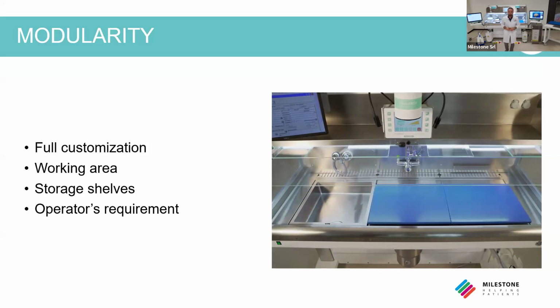Last but not least, we have an extended cutting board. Why? Because, for example, big specimens require a lot of space, so there's the need for a big cutting board. In that case, we have two cutting boards, positioned one beside the other and put together in order to have all the space the operator needs.